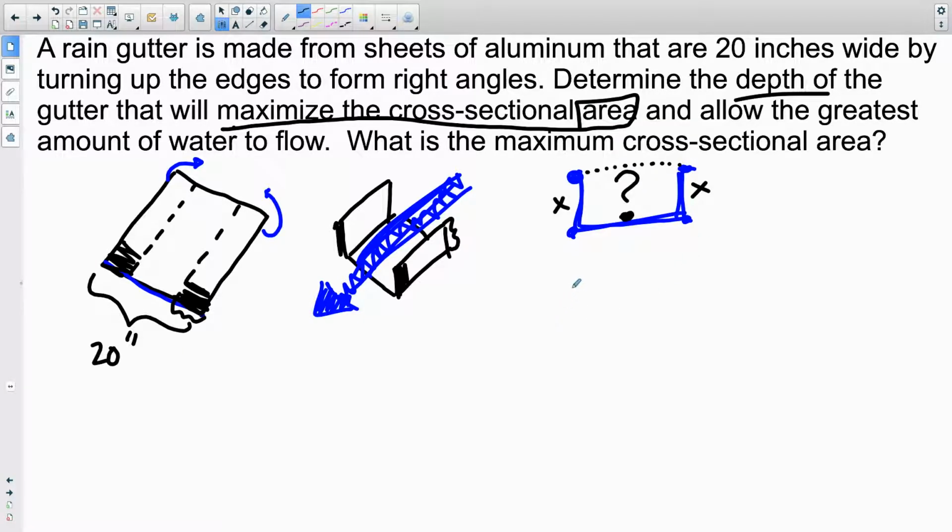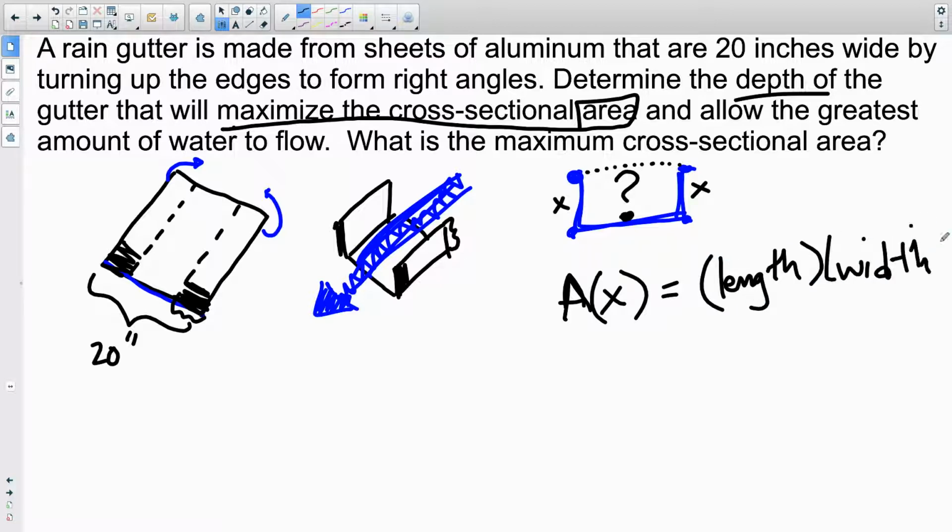So when we're maximizing a function, we need to write something in terms of x. So we need an area formula for this gutter, for this cross-section in terms of x. Now we know what area is. Area is length times width. But those are two unknowns here.